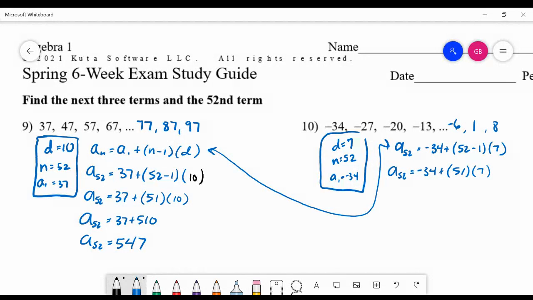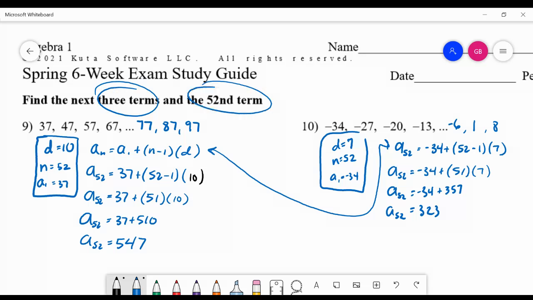Now 51 times 7, that's 357, plus negative 34 is 323. So the 52nd term is 323. Three terms and the 52nd term.